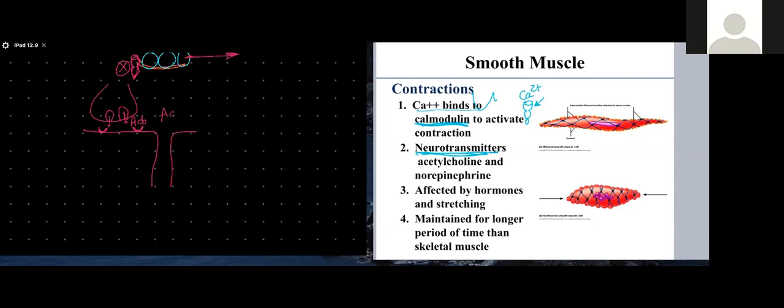This was the only neurotransmitter for the skeletal muscles for you to initiate the contraction. But for the smooth muscles, you have two neurotransmitters, acetylcholine and norepinephrine. We've got two different types of neurotransmitters.